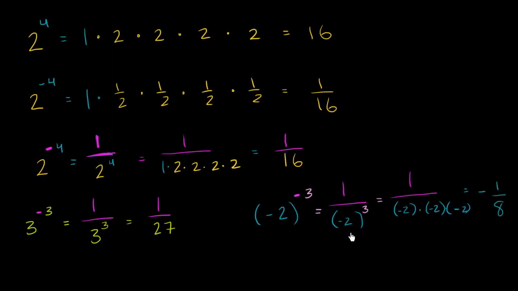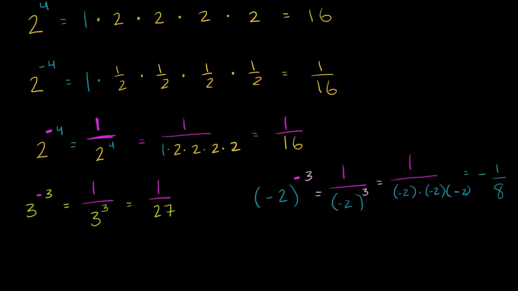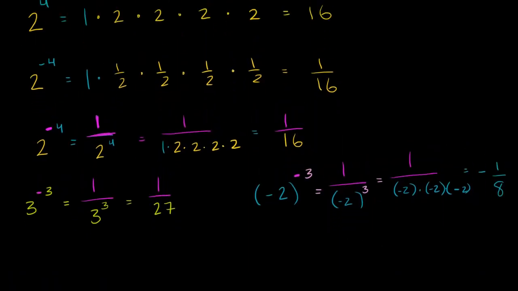Let's do one more example, just in an attempt to confuse ourselves. Let's take 5/8 and raise this to the negative 2 power. So once again, this negative, even though I've got a fraction, means 1 over 5/8 to the second power.